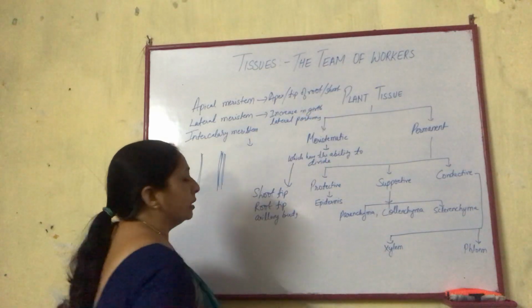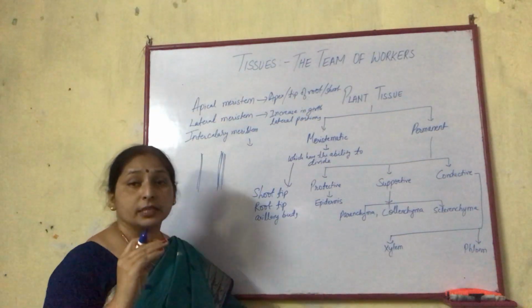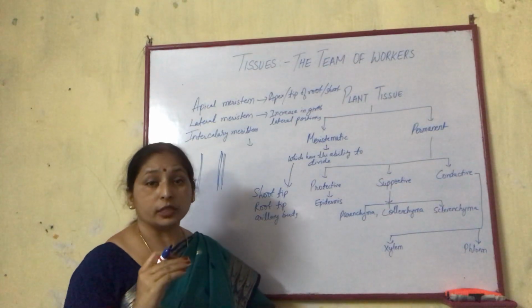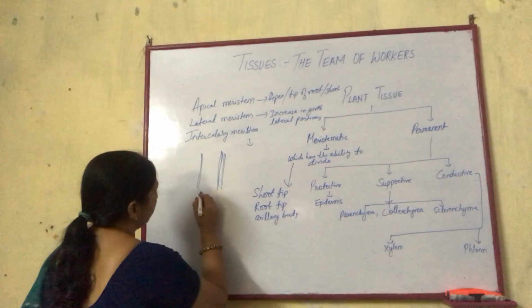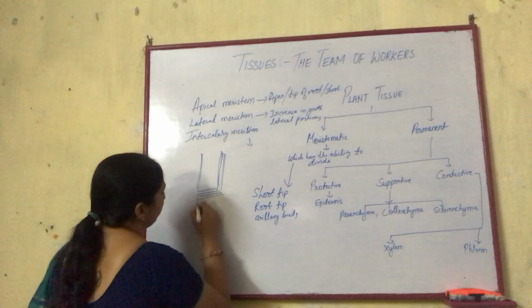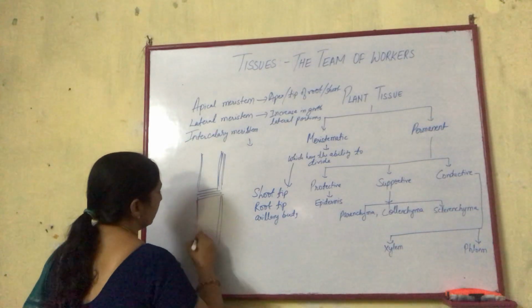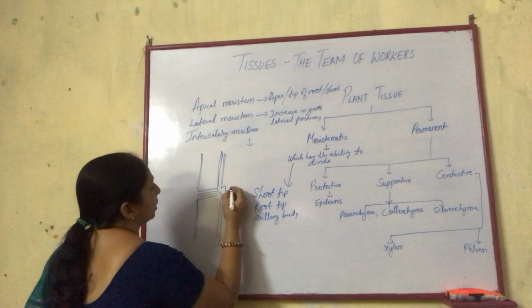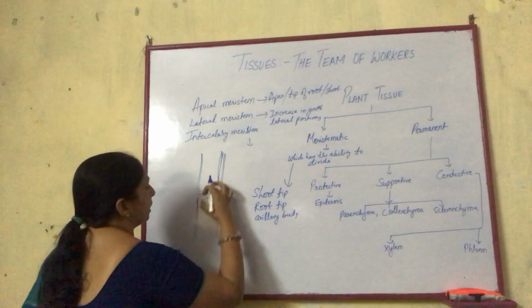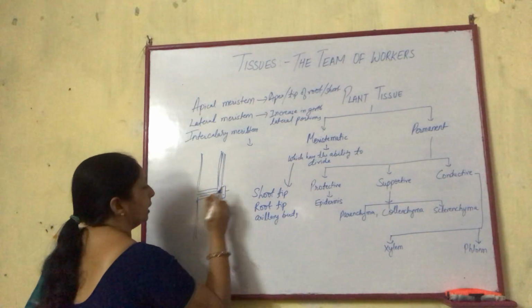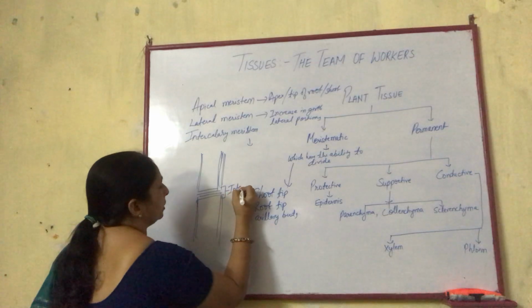Then intercalary meristems are present in the nodal regions. In the sugarcane you must have seen this type of nodes present. In this area, the elongation and division of cells is by intercalary meristem.